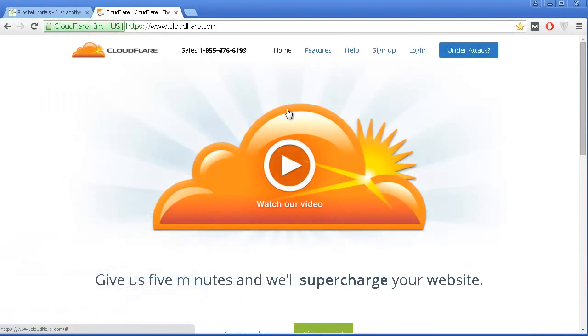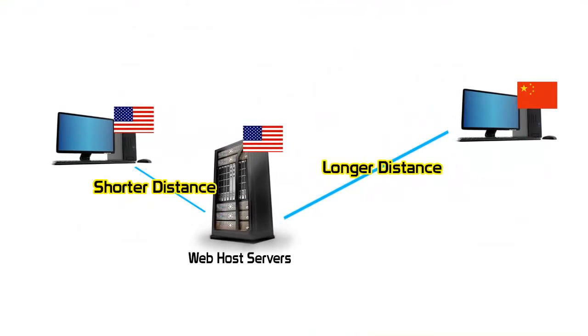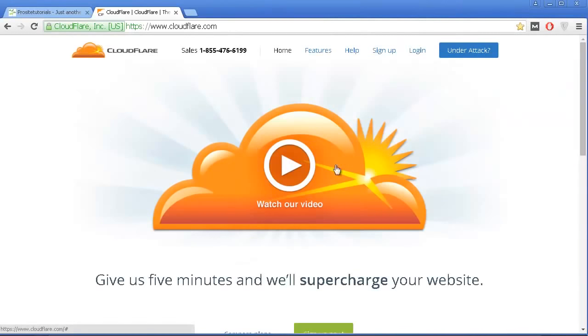Basically what happens is when you have a website, all of the information of your website is installed on your web server. For example, if your web host server resides in the States, if someone is trying to access your website from China, then it takes longer for that person to be able to see your website instead of someone who is in the USA. So something that you can do is use this service called Cloudflare, and basically what happens is their servers are spread all over.